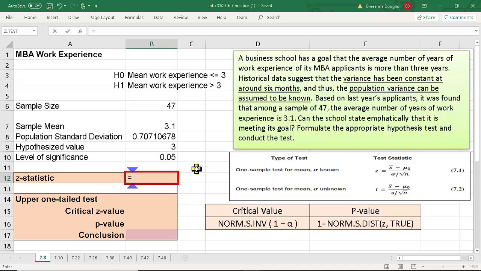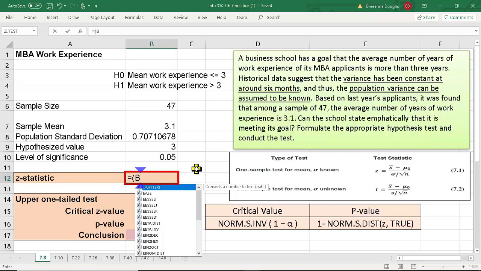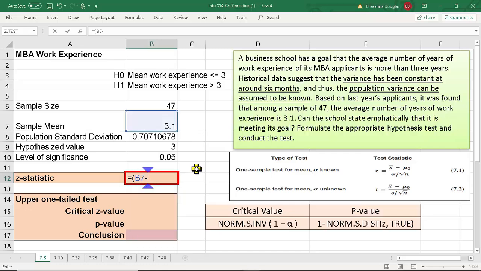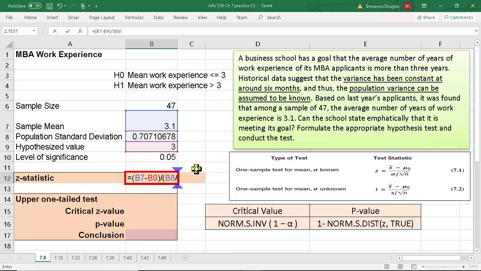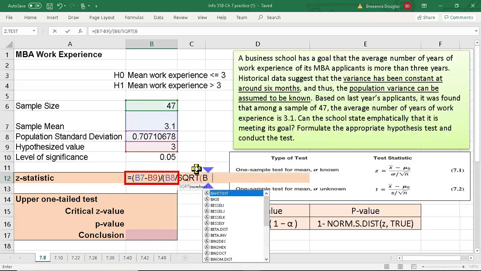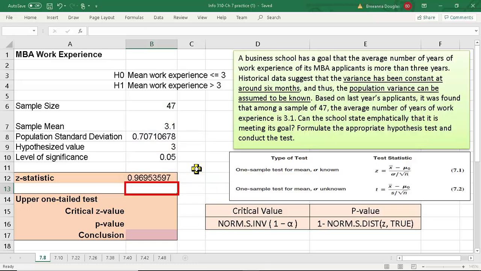For this problem, we will do B7 minus B9 divided by B8 divided by the square root of B6. As you can see, our z statistic equals 0.97, and we will now move on to the critical value.